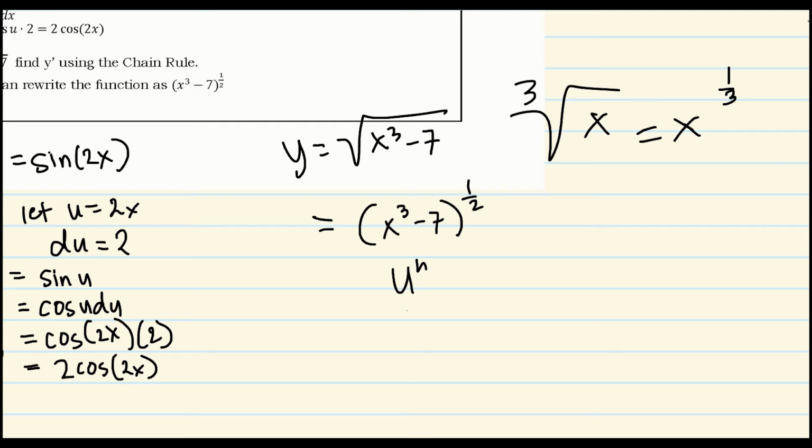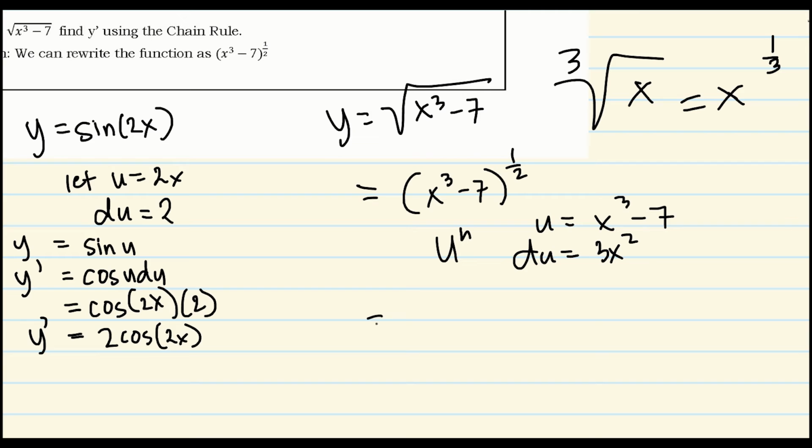Here you already know the form of that. It is u to the n. So what is your u? It is x cubed minus 7, and your du is 3x squared. What you're going to do is derive this. If we derive u to the n, it will be n u to the n minus 1 du.